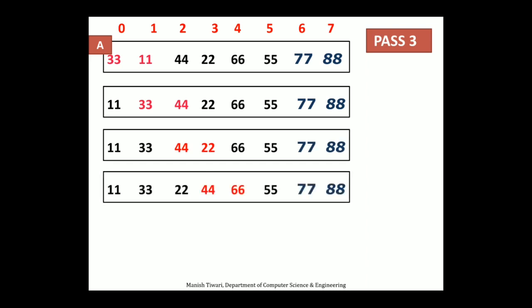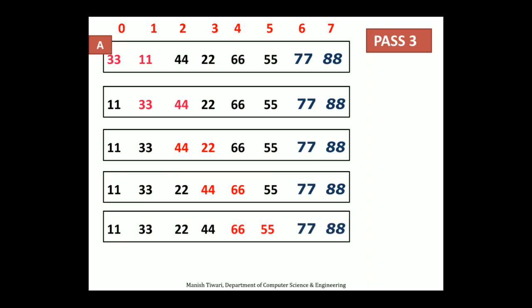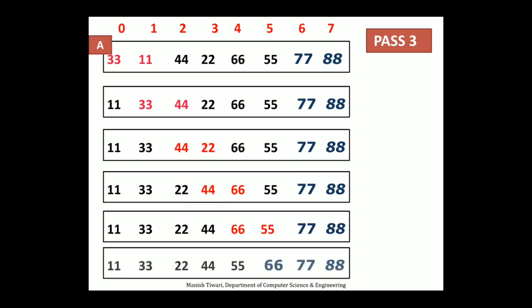Then A3 and A4 will be compared, no swapping should be there. Then A4 and A5 will be compared, and of course A5 is less than A4, so there will be a swapping. So 66 will be at A5 now, and you can see here that the last three elements are sorted. So at the end of pass 3, three elements are sorted.